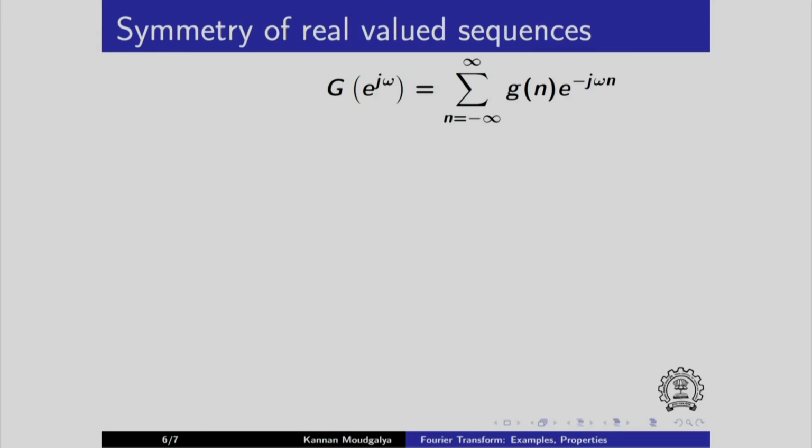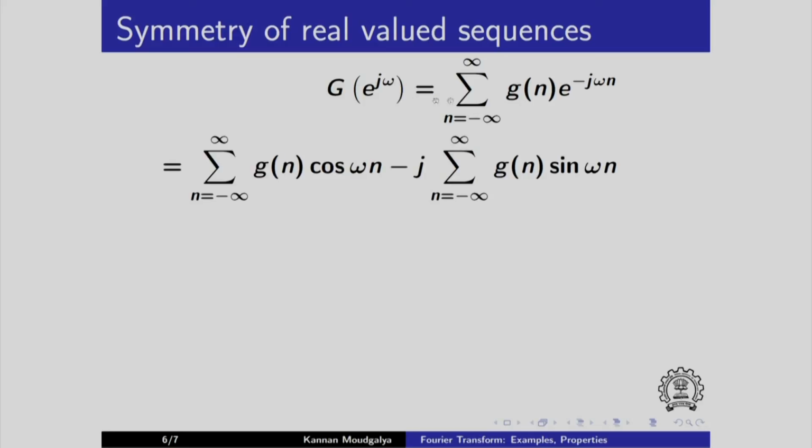We will next consider the symmetry of real valued sequences. Recall the discrete time Fourier transform. Now I have the additional information that g[n] is real, that the impulse response is real. Until now whatever we have discussed is applicable for complex g as well, but now we have the additional restriction that this g is a real valued sequence.